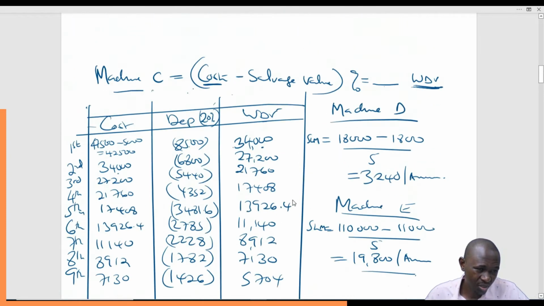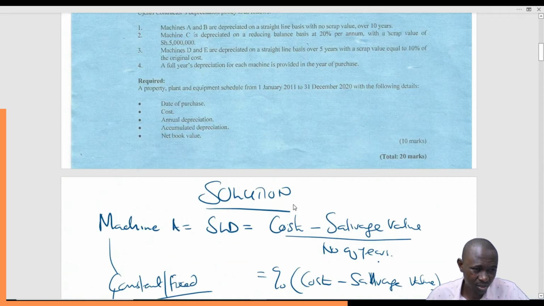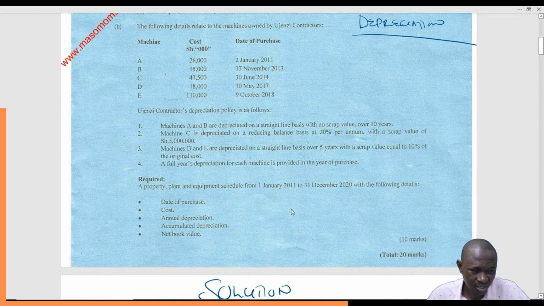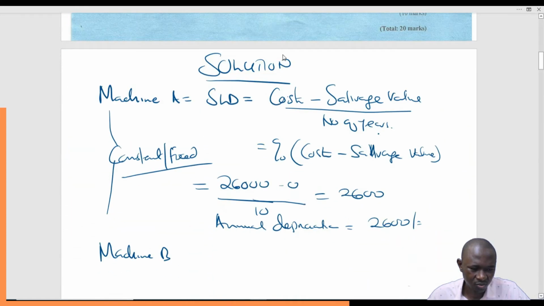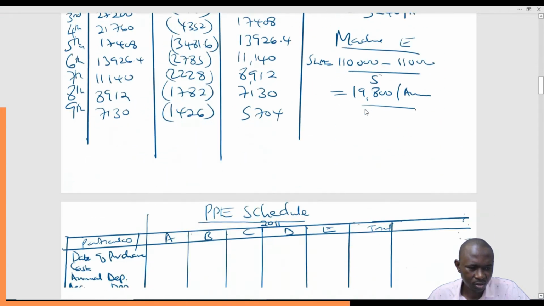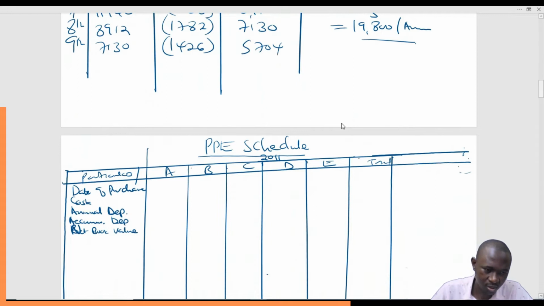That means that you need to be pretty fast. Details are not changing. So this is 2nd January 2011 for machine A. The cost is 26,000. Annual depreciation was 2,600. They don't need to put it in brackets, so let's just leave it like that.